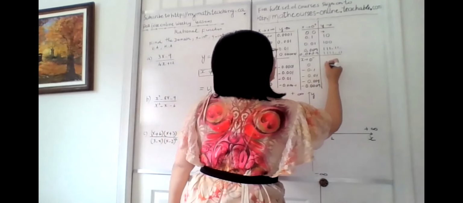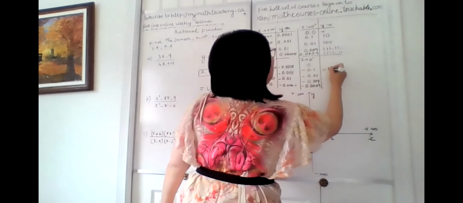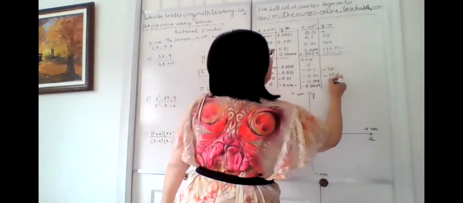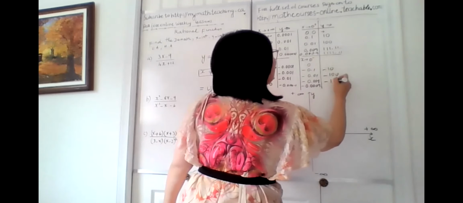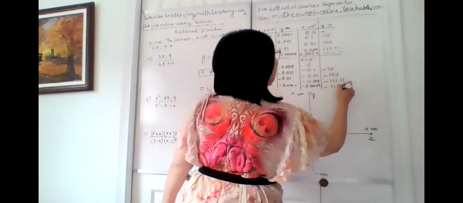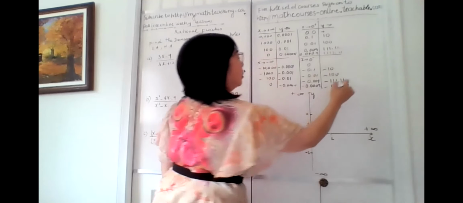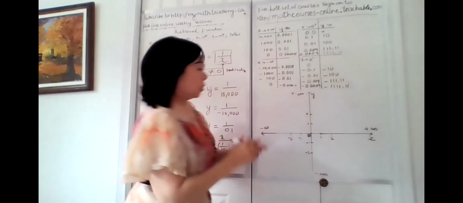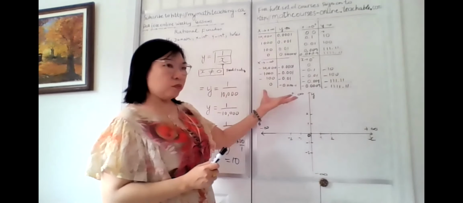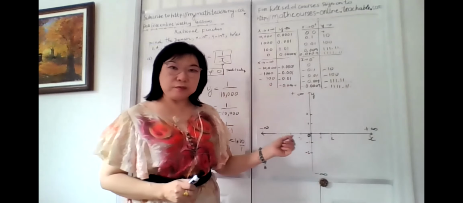So that will give us negative 10, and this will be negative 100, and this will be negative 111, and negative 1111.11, blah, blah, so on. Okay, so based on this data table, we are going to sketch our rational function.